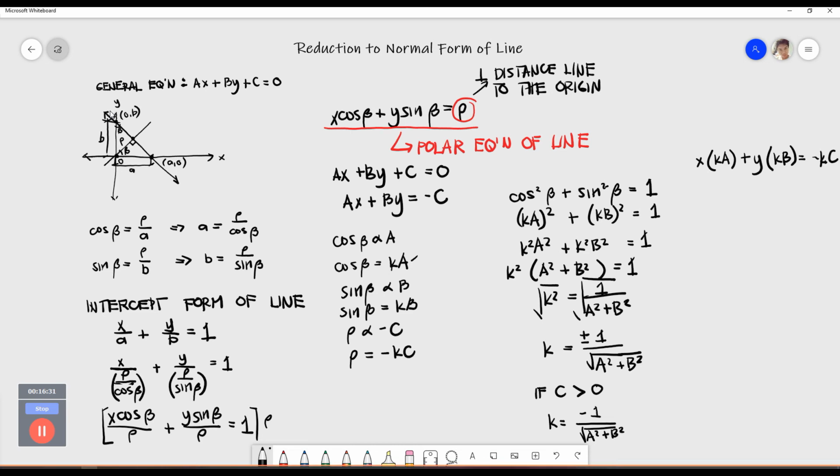Therefore we have xa over negative square root of a squared plus b squared plus yb over the square root of a squared plus b squared is equal to negative c over the square root of a squared plus b squared.